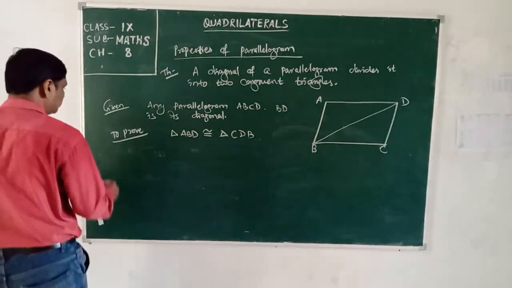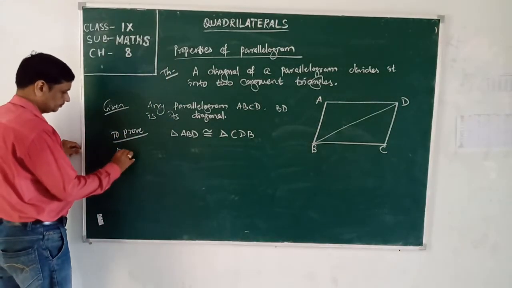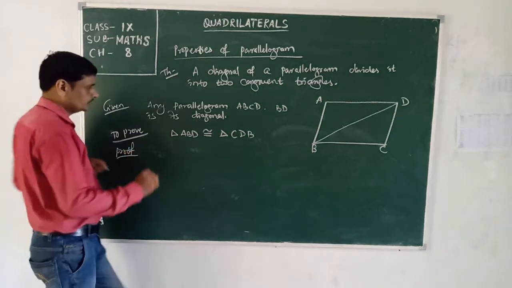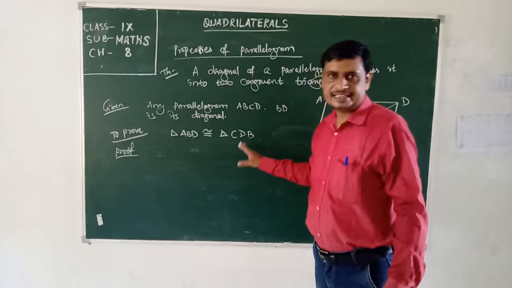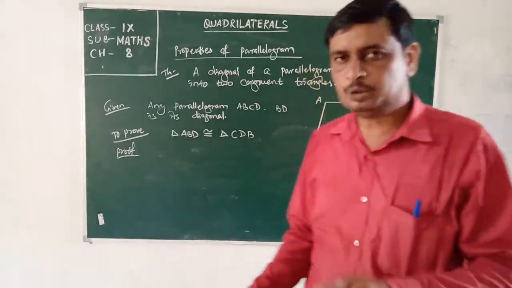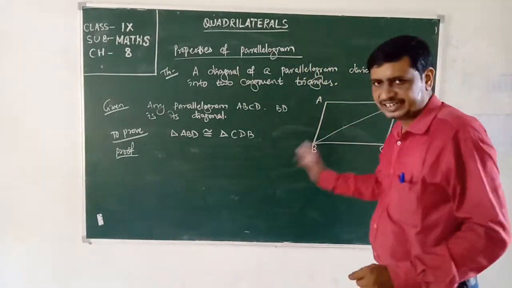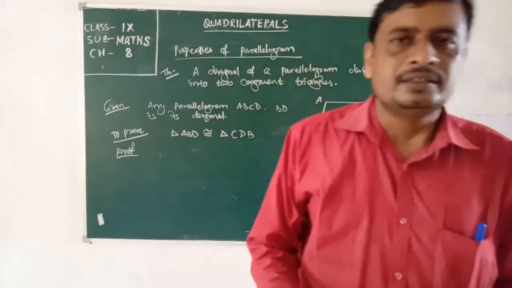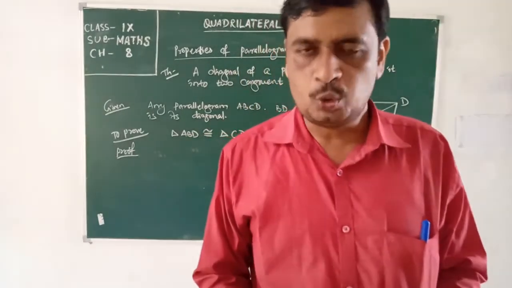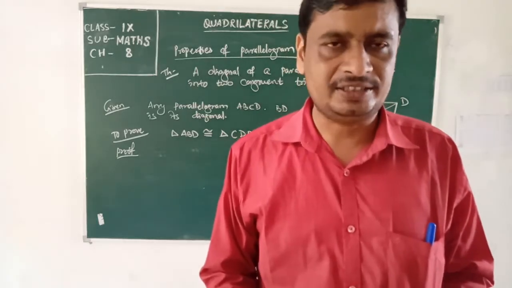Next, proof. To make triangle ABD and triangle CDB congruent, we have to take both the triangles and observe whether they follow any rules of congruency or not.